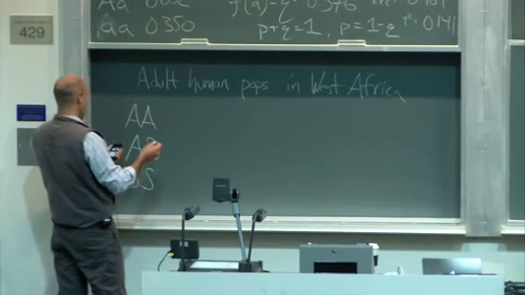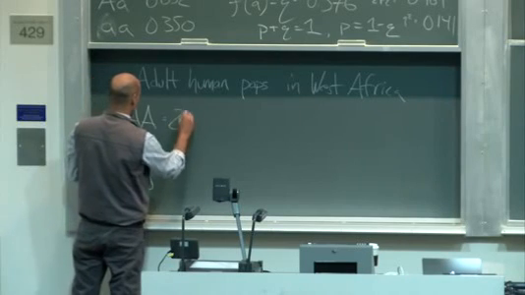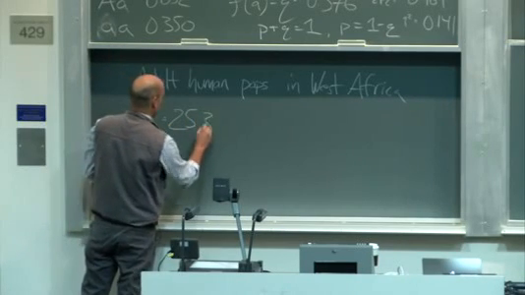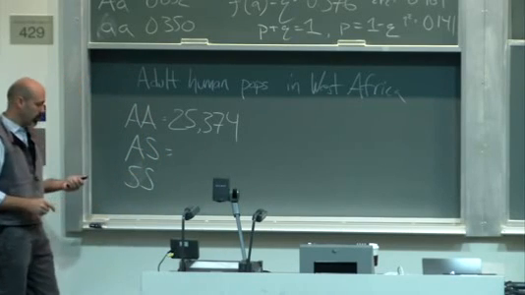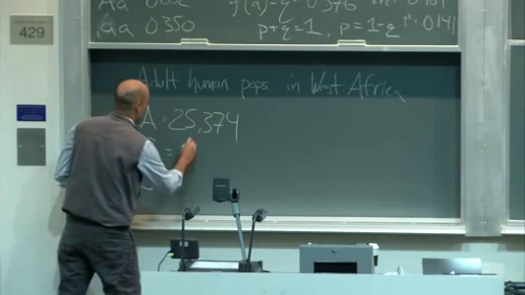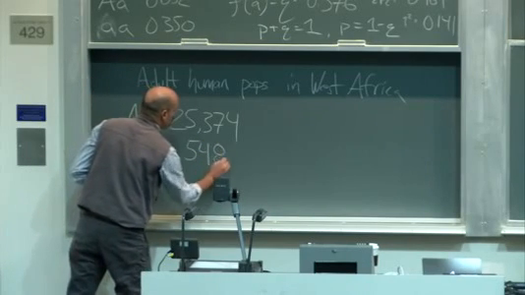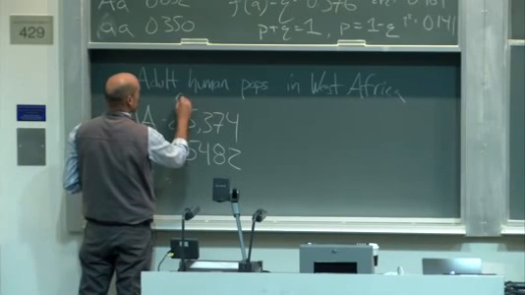Well, what they found in this population was that 25,374 individuals were homozygous for the normal hemoglobin allele there. 5,482 heterozygotes. So these are genotype frequencies.